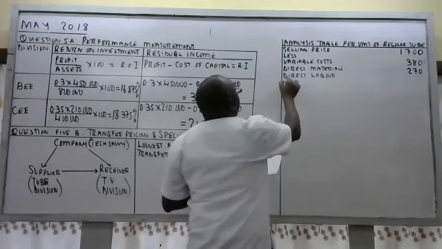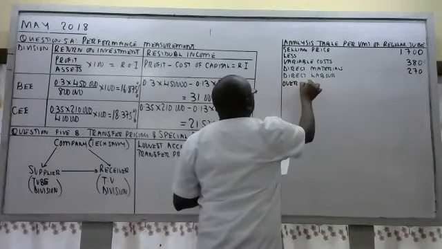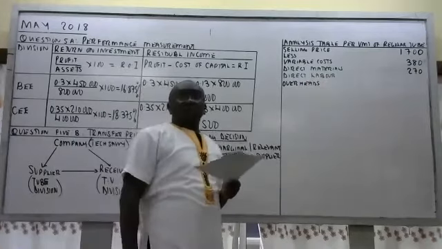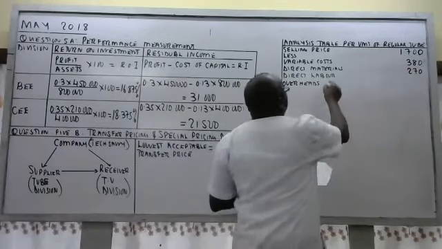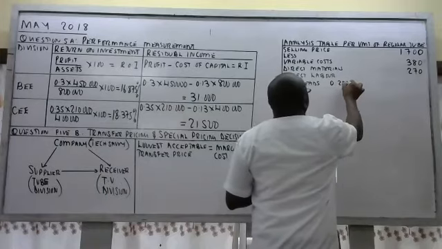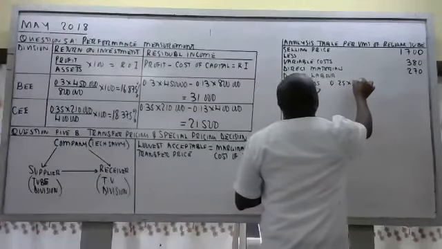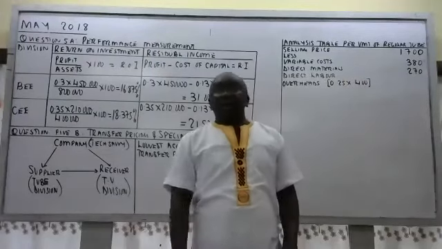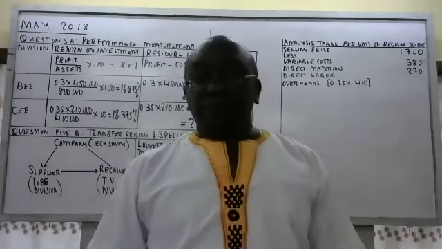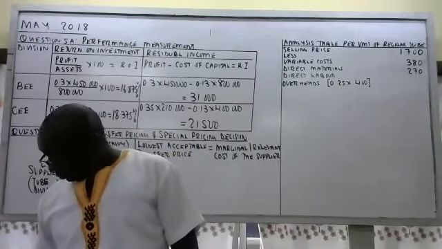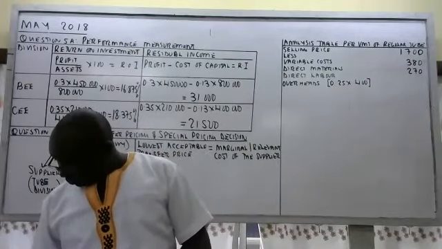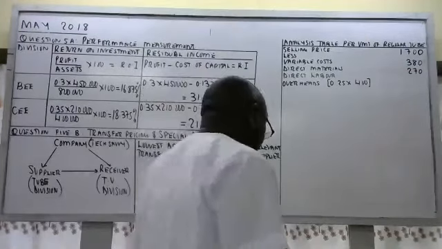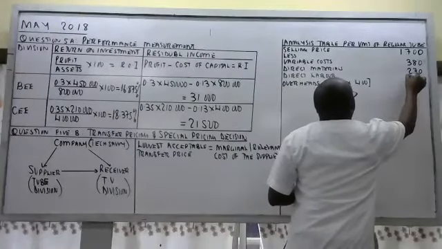It is followed by overheads. We are told 75% is fixed, so the variable must be 25%. So 25% of 400 is how much? It is 100.